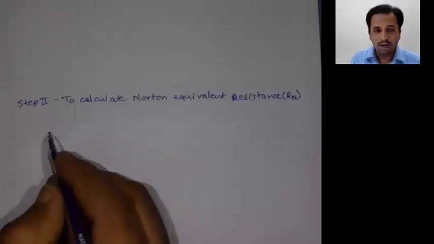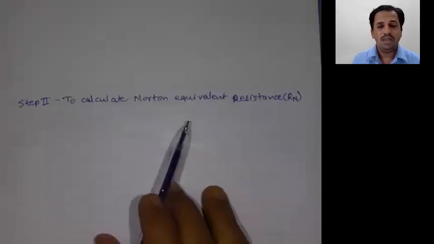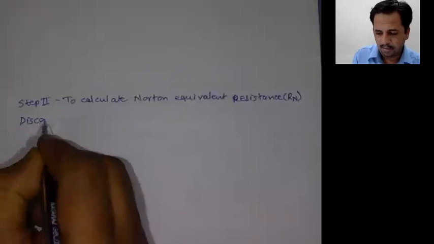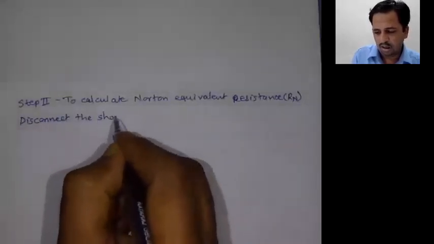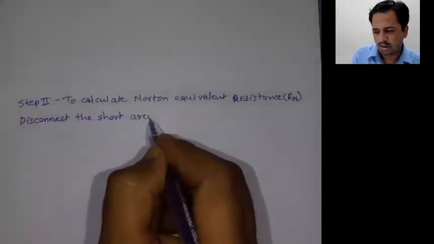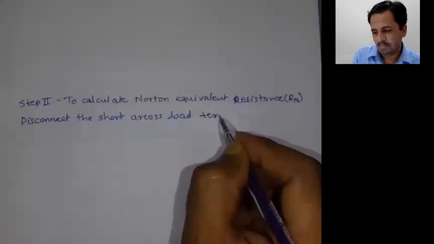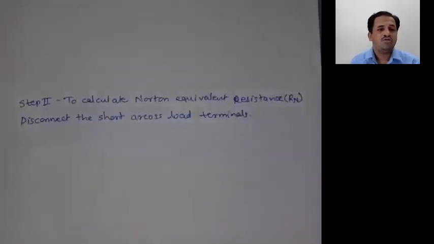Now, to calculate the Norton equivalent resistance, we have to disconnect the short across the load terminals.